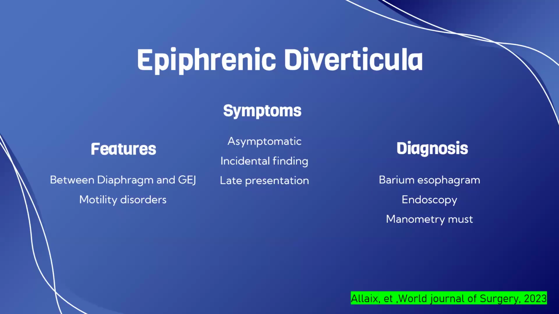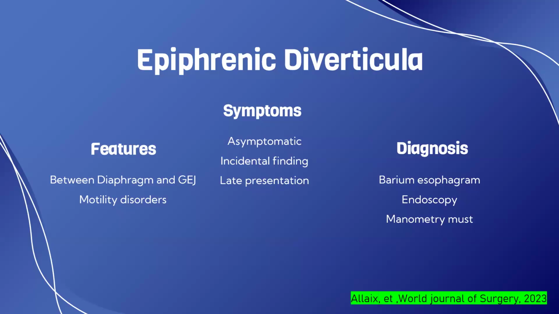Then we have epiphrenic diverticula, which are found adjacent to the diaphragm in the distal third of the esophagus, within about 10 centimeters of the gastroesophageal junction. These are often associated with distal esophageal spasm, achalasia, or hypertensive lower esophageal sphincter disorders. In patients in whom a motility abnormality cannot be identified, we should think about congenital causes like Ehlers-Danlos syndrome or a traumatic cause.